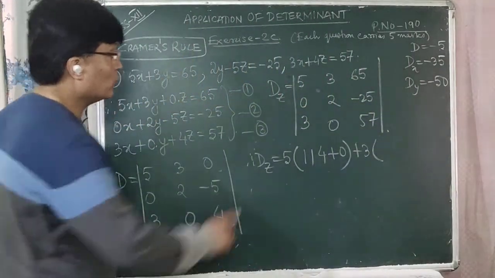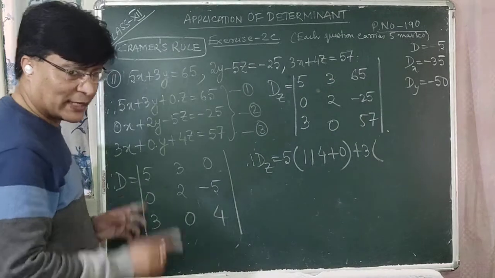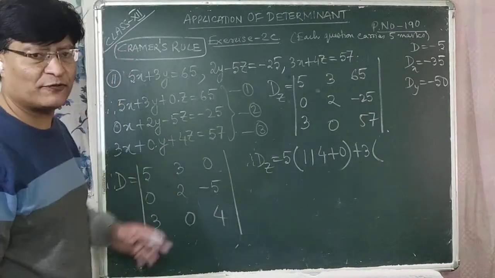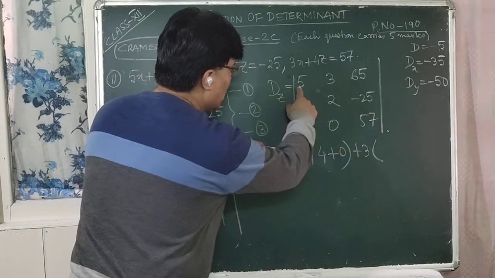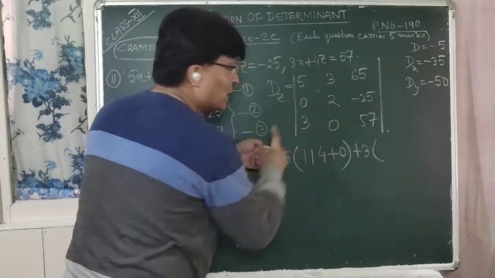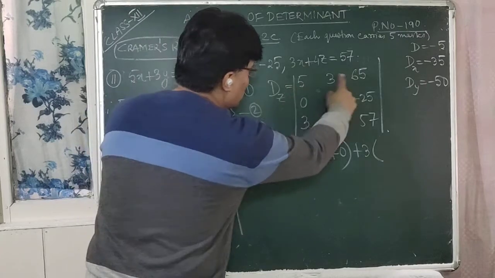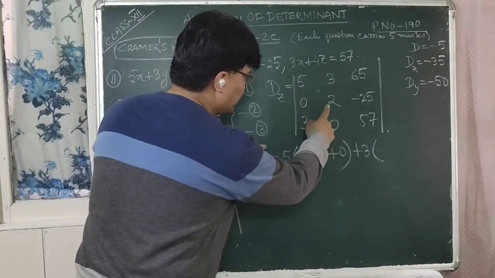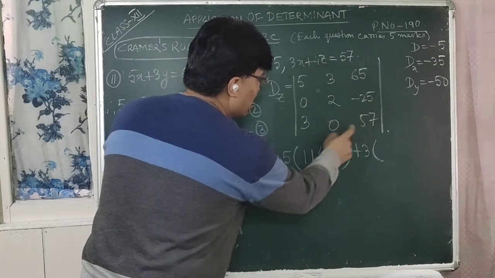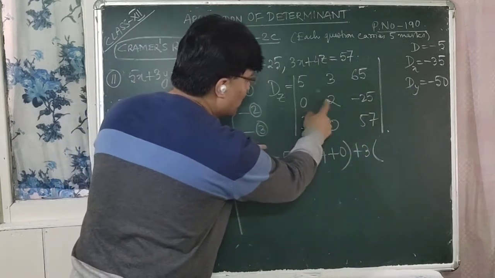So now in this case we are expanding the determinant with respect to the first row. That is dz is equal to 5. Okay. If you take this 5, you have to delete the row and the column through the element 5. That is first row and first column are deleted. So what remains? 2 minus 25, 0 and 57. So cross multiply 2 by 57.